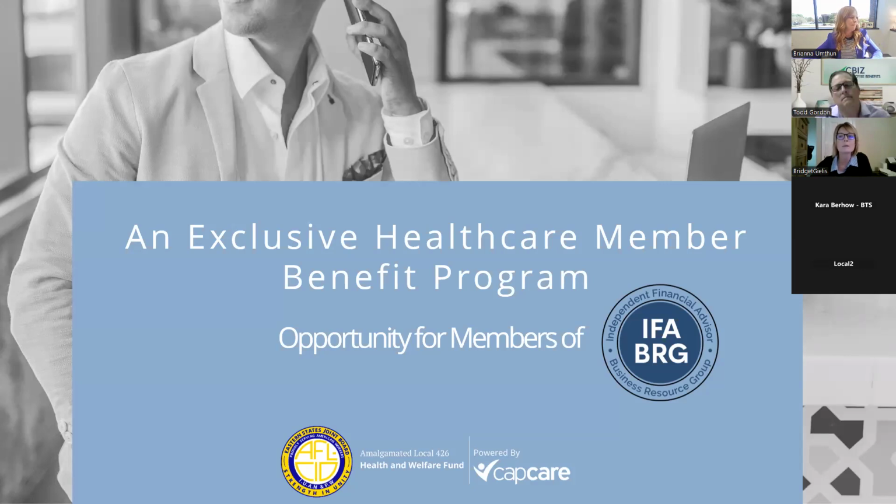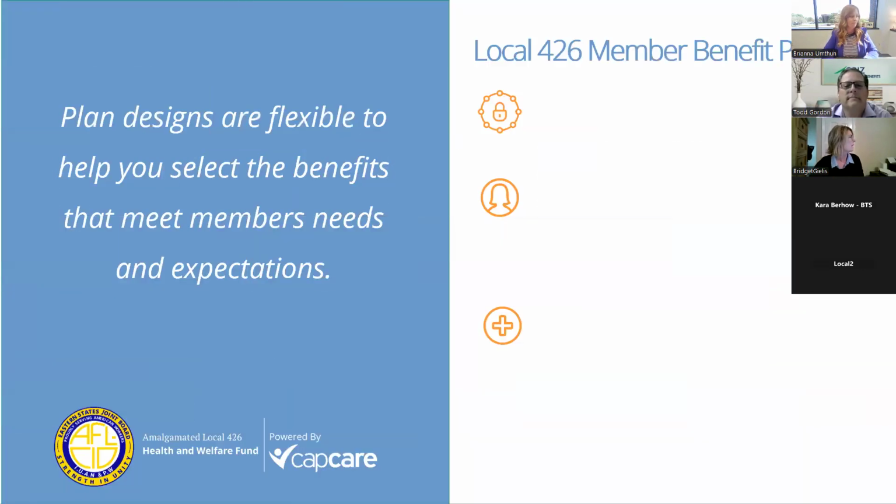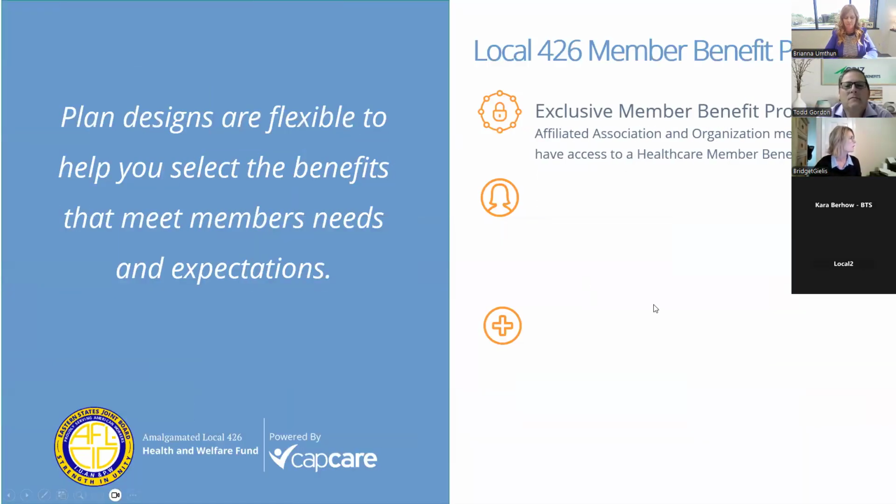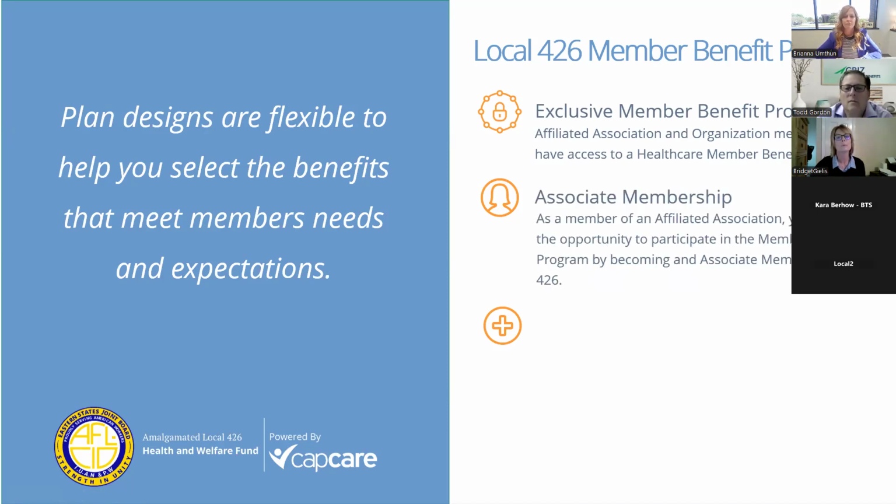So with that being said, these are flexible plan designs. Really, we have nine options. They're comprehensive programs that allow us to provide affiliated members that are part of an affiliated association or organization access to these healthcare member benefits. The way that we do that is through an associate membership.